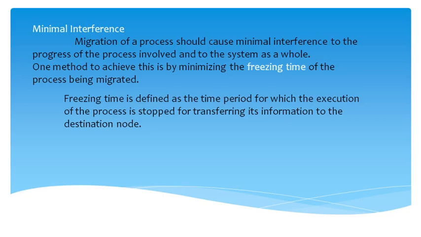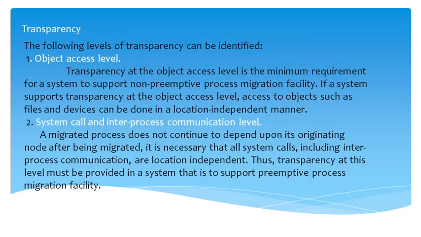One method to achieve this is the freezing time. This method will freeze the process. This freezing time is the time period for which the execution of a process is stopped for transferring the information to the destination node.